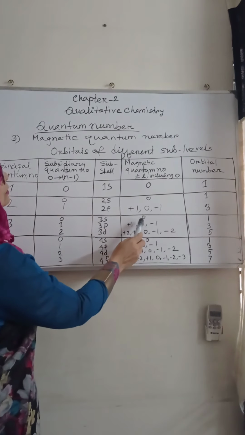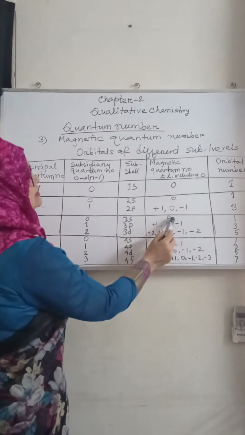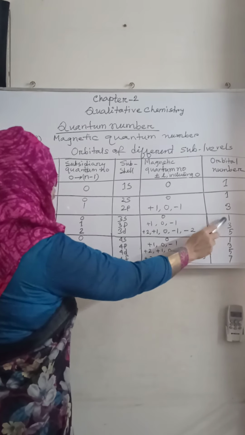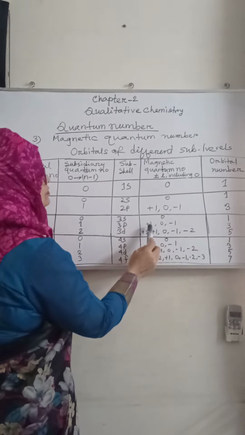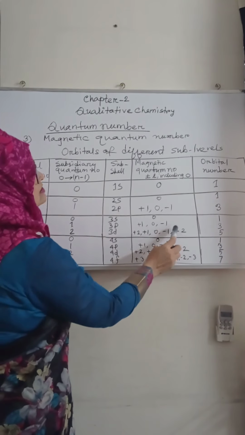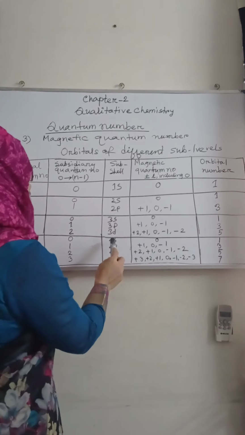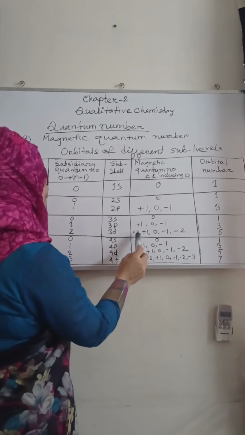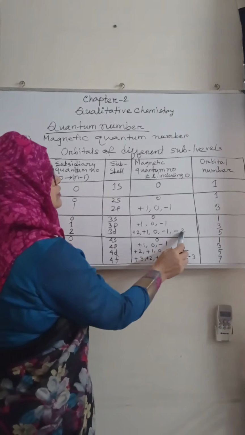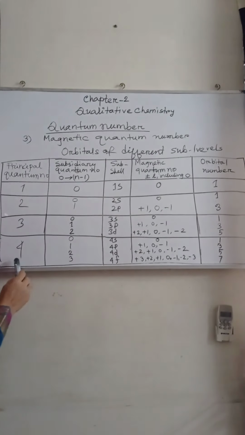For the s subshell, the value of m is 0, so the orbital number is 1, and for the p subshell the value of m is plus 1, 0 and minus 1, that is 3 values, so the orbital number is also 3. And for the d subshell, we get 5 values for m, that's why the orbital number is 5.